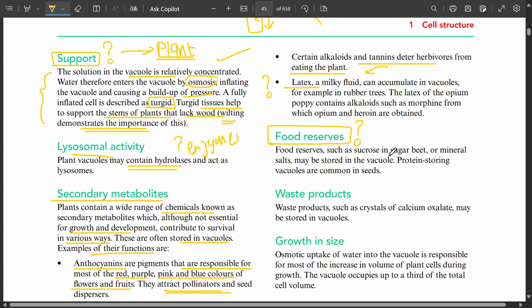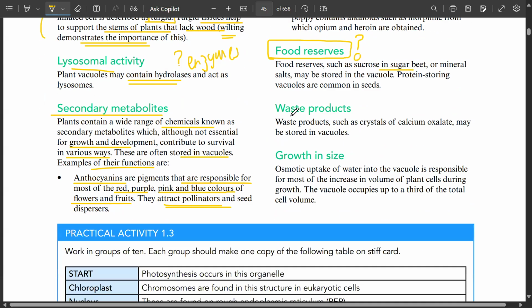Got it? Then colors as well. Color of the petals, color of the beetroot, color of vegetables. Waste products. What do we mean by waste products? For example, any idea? Like oxygen. Good, photosynthesis. Exactly. Excess oxygen produced as well.